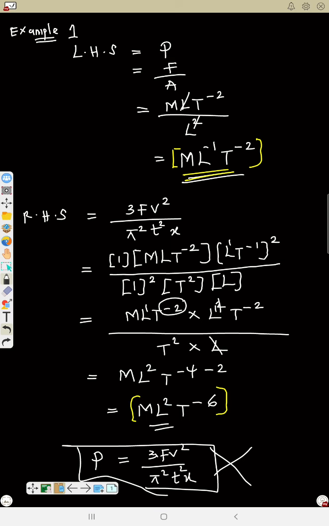So let's say another example. Let's say we have the equation of motion V equals U plus AT. So let's test if this is dimensionally correct.